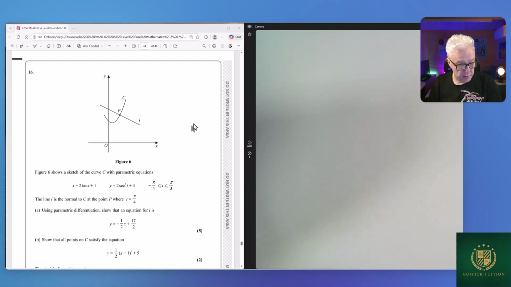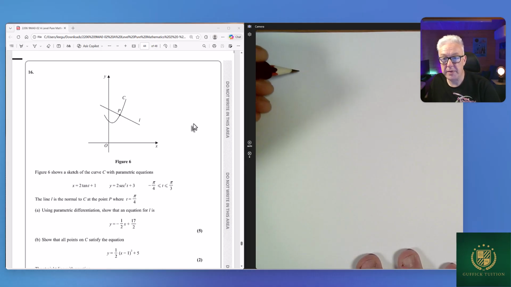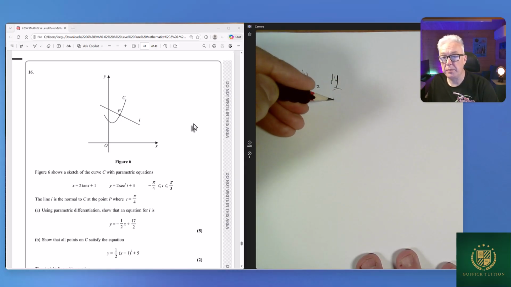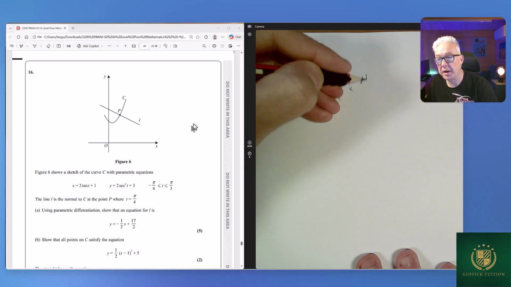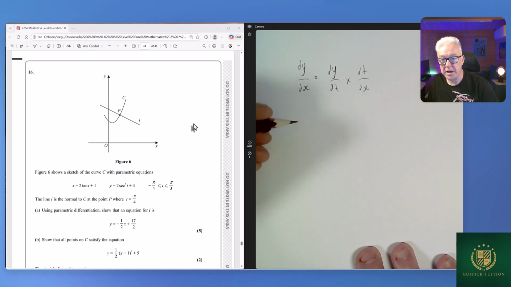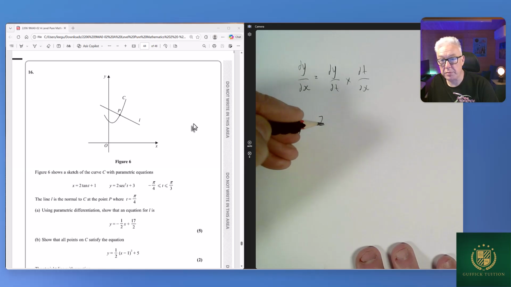So parametric differentiation. What we're going to be aiming to show is that dy by dx, our gradient, is going to be dy by dt times by dt by dx. So let's write down our y parametric and our x parametric and differentiate them both.